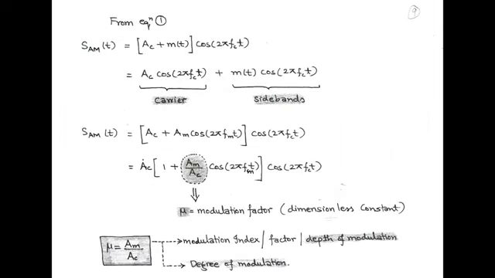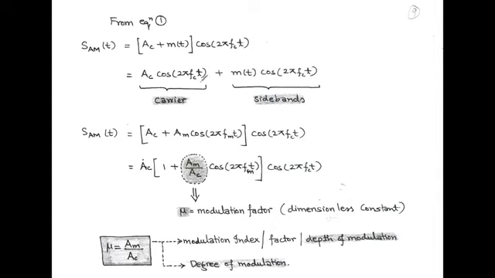Now we take equation 1, that is the equation of the standard AM, written as s(t) = [A_c + m(t)] cos 2π f_c t. Now we open the bracket, we get two terms. First term is A_c cos 2π f_c t plus m(t) cos 2π f_c t.